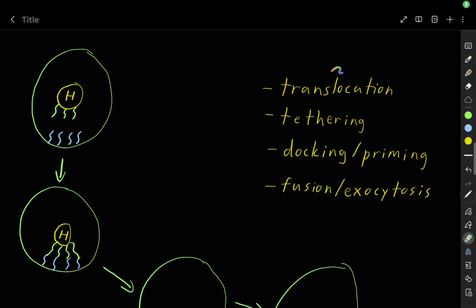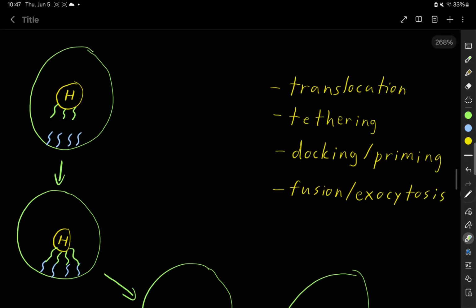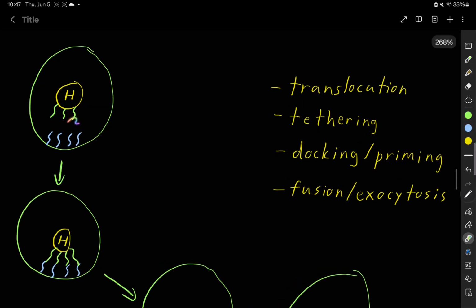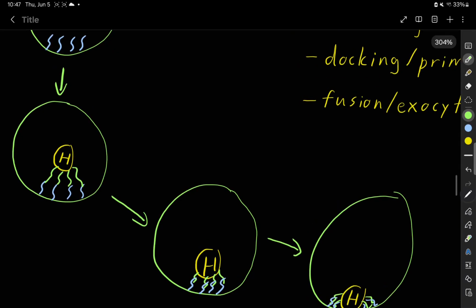So the first step of translocation, basically it involves your granule or your vesicle containing your messenger molecule, in this case histamine, making its way over closer to the membrane of your mast cell or neuron. It translocates its way over closer to the cell membrane. That's translocation. Then comes tethering. Basically, your SNAP and VAMP proteins link up together. They tether up together.